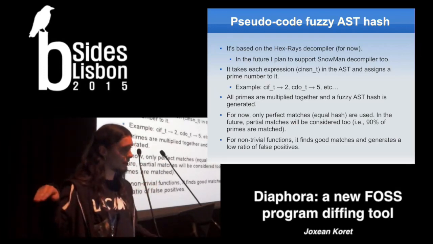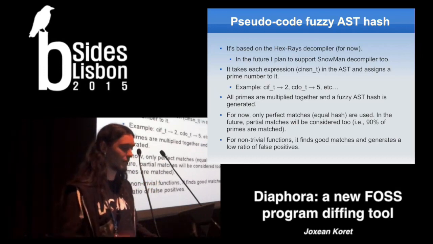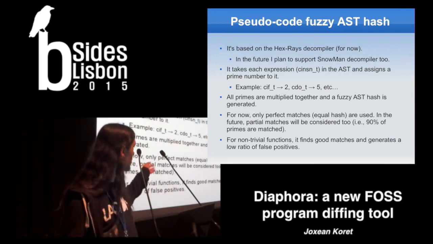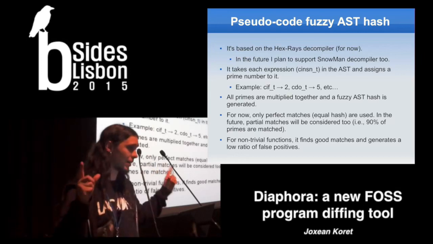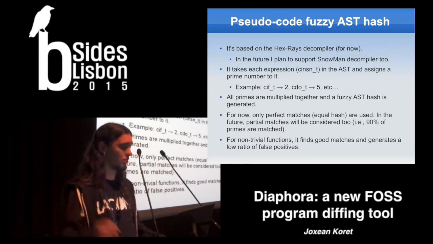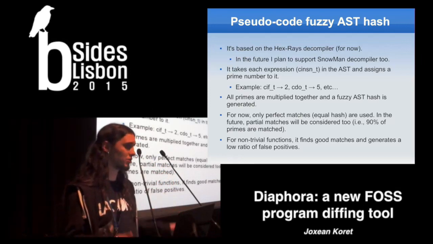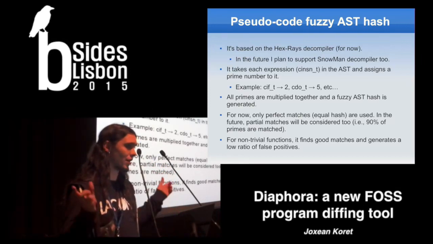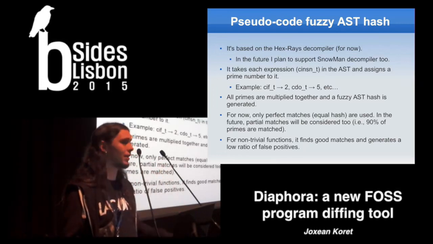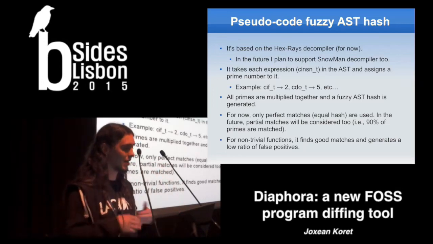Then all the assigned primes are multiplied together, and a fuzzy abstract syntax tree hash is generated. For now, only perfect matches, those for which the final hashes are equal, are considered. In the future, I will also consider partial matches, where not all the primes are the same but, say, 90% of them are.